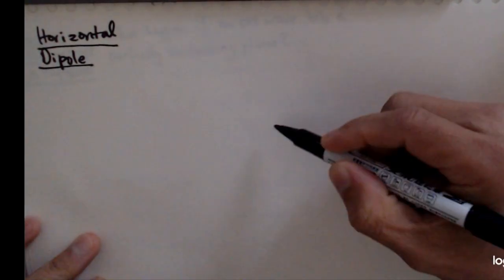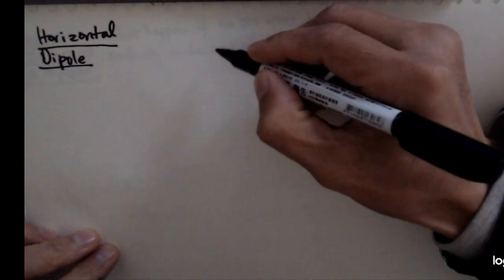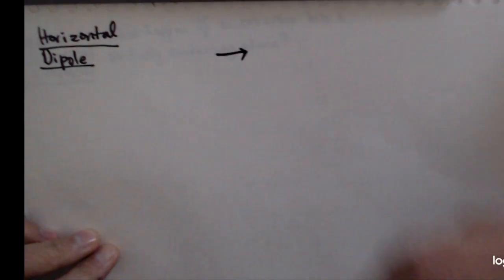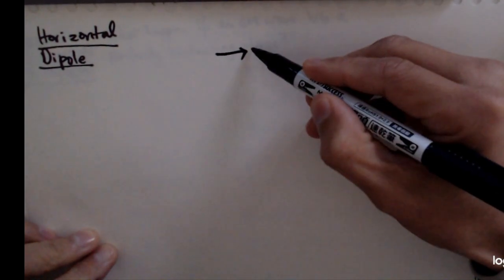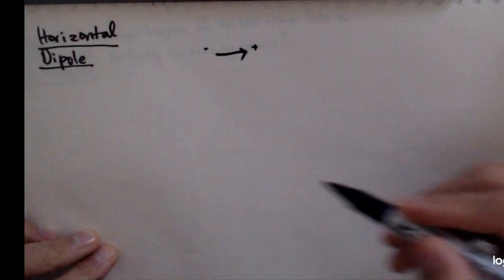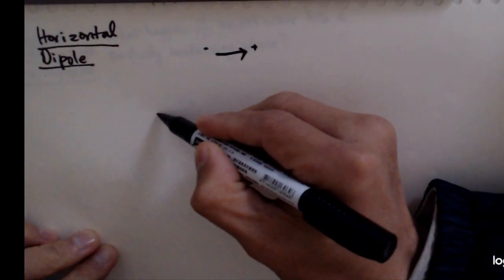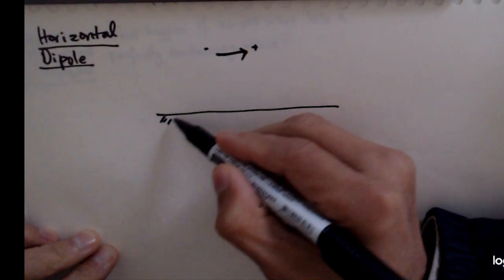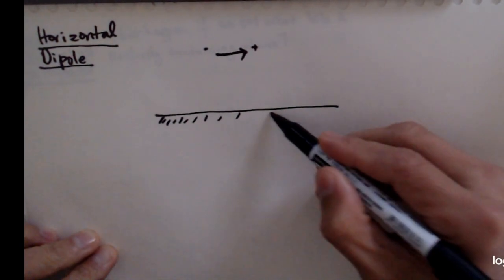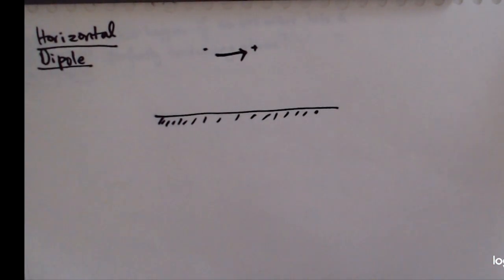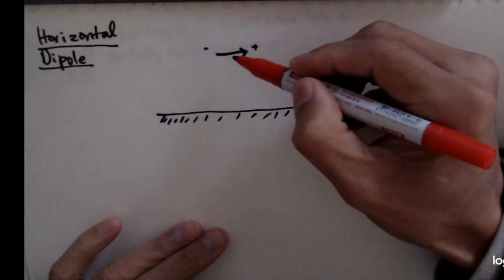So now let's take a look. Your antenna is supposed to be like this. The positive end is on the right, the negative end is on the left. So if the ground plane is down here, then we all know that the antenna itself will operate like a battery.